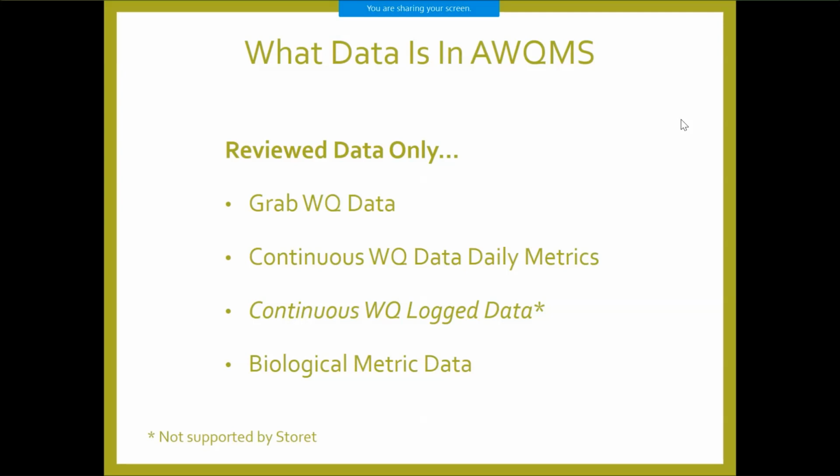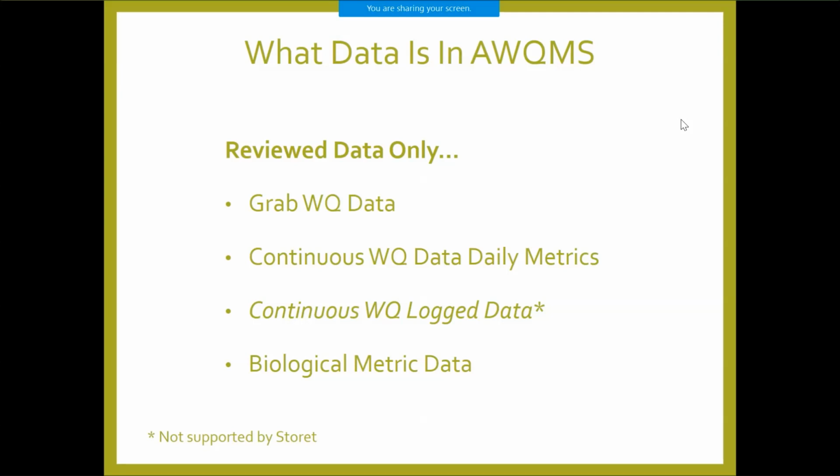Data that we feel we have enough information and knowledge about the method, and there's enough quality control data that we can make some statement that it's good data, those will be what we call A, and if it's qualified in some way, B data. Those data go into AWQMS with a status of final. In AWQMS they also have a result qualifier that will say DQL equals whatever, although that qualifier doesn't translate all the way through to Storet at this time.